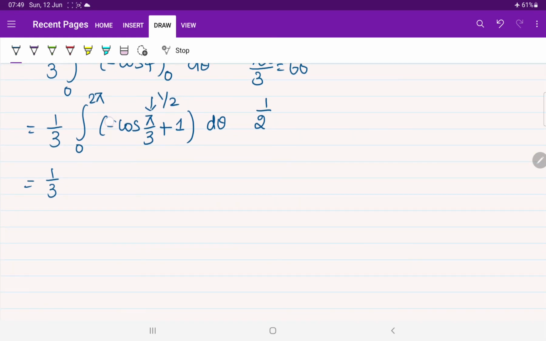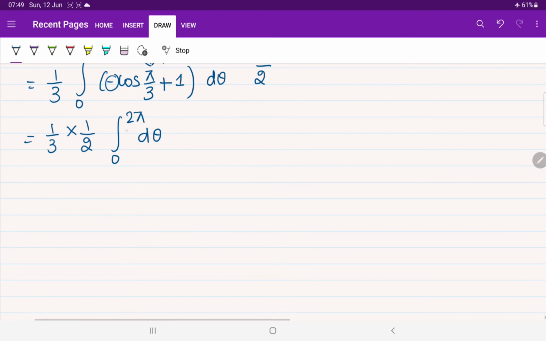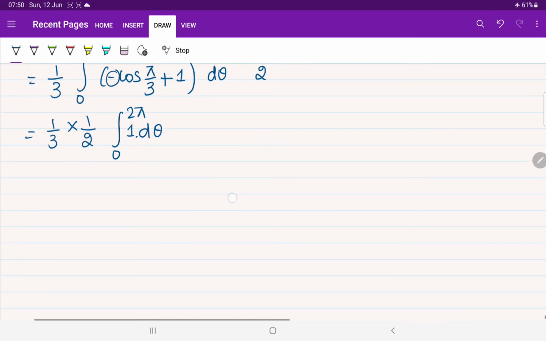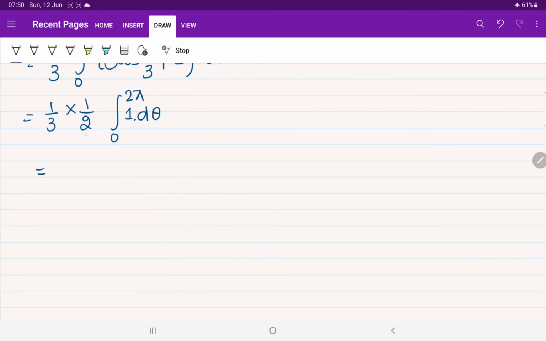Already one more minus is there. Minus 1 by 2 plus 1 will give us plus 1 by 2. Let me take that plus 1 by 2 outside. After that we have only one limit, that is 0 to 2 pi with respect to d theta. See there, no more functions are there. If there is no function under the integration, then you can treat that value as 1. 1 by 2 into 1 by 3 will give us 1 by 6.